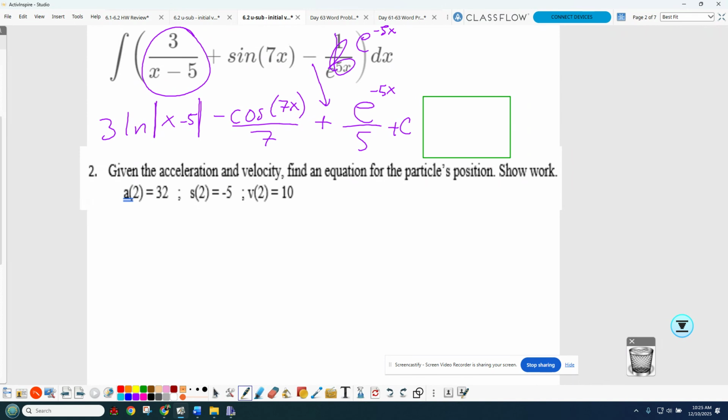What is the relationship of acceleration to position? It's a double derivative. Okay, so I need to integrate acceleration to get velocity, and then I need to integrate velocity to get position. What is the integral of 32 dt? 32t plus c.